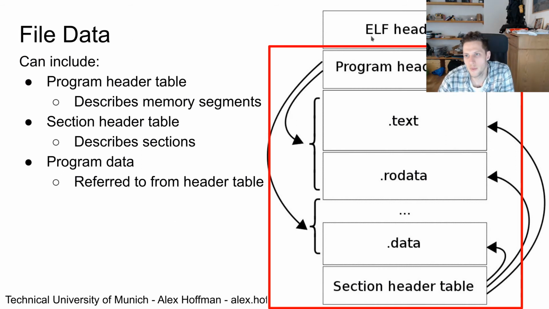Because this is the header and it's telling us where things are. Inside the program itself, so inside the file data, we have a lot of different things which store different values and whatnot. But what they can include is essentially this program header table, which will describe these segments, not so much the text, but more the actual memory chunks.